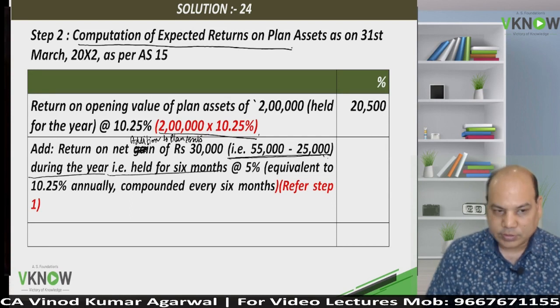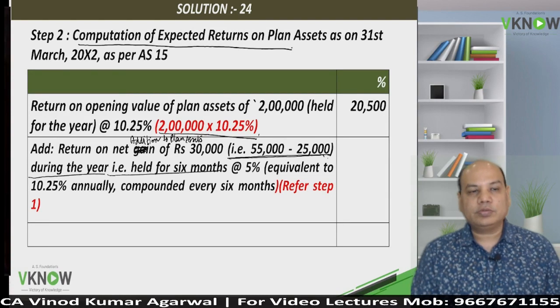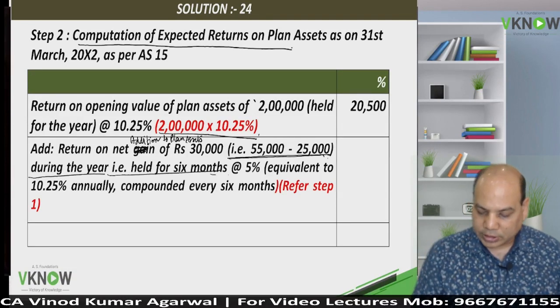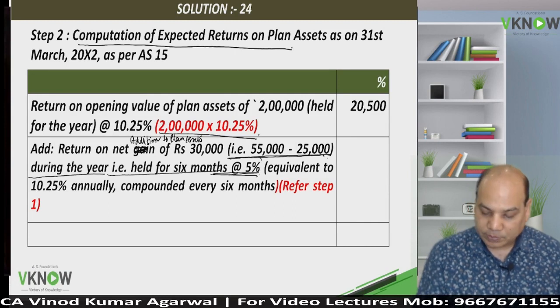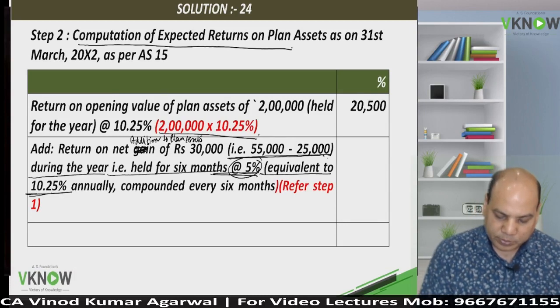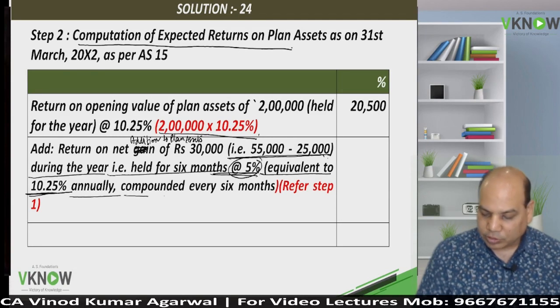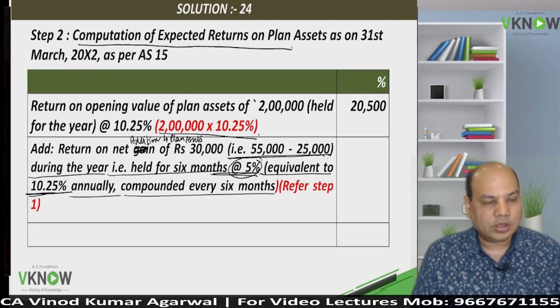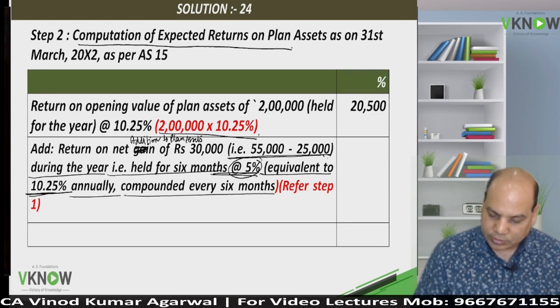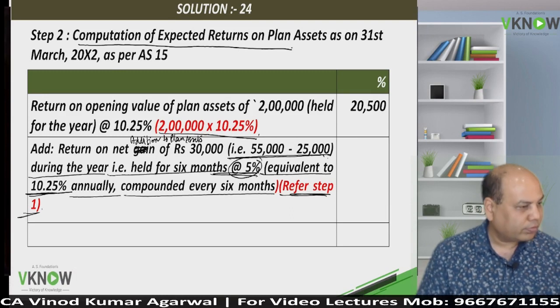That is held for 6 months at the rate 5%. Now this 5% working we have done, equivalent to 10.25% annually, compounded every 6 months. And write in bracket refer step 1.